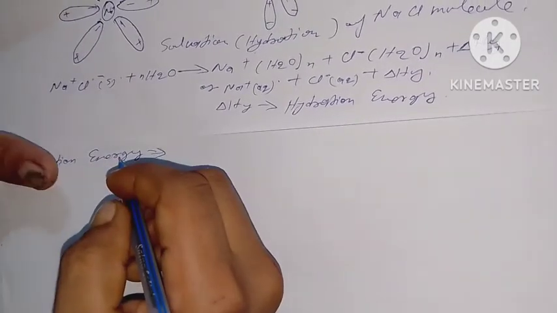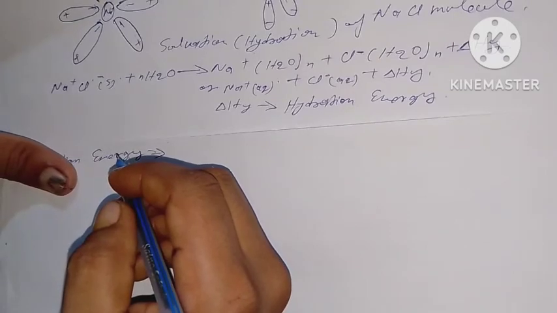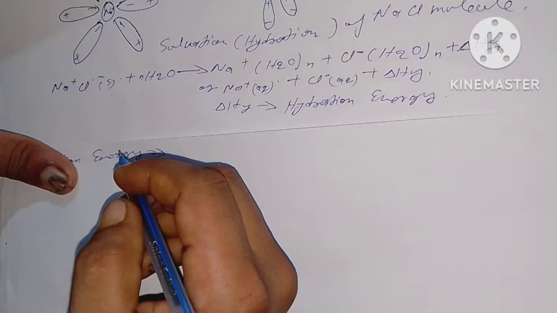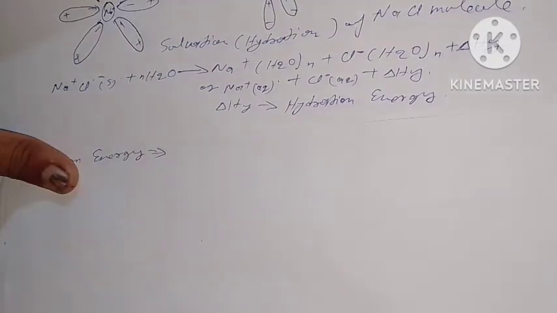The enthalpy change in the conversion of 1 mole of gaseous ion to aqueous ion is called hydration energy.